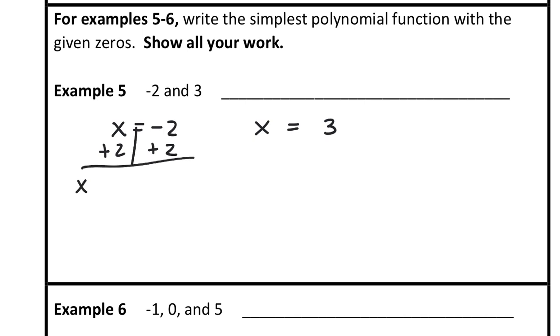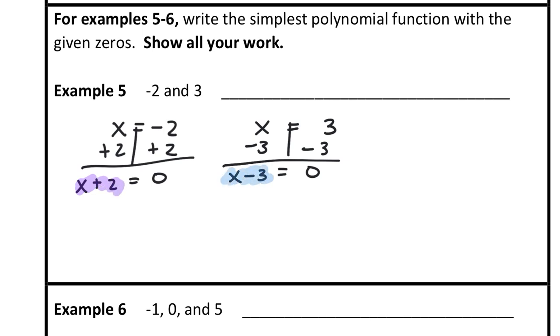So that gives me x plus 2 equals 0. Then the opposite of positive 3 is negative 3, so subtract 3. x minus 3 equals 0. So these two are my factors.